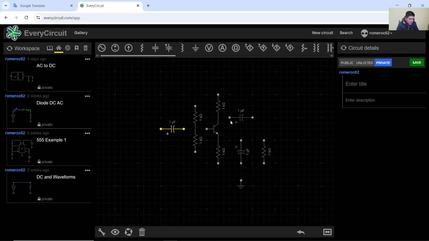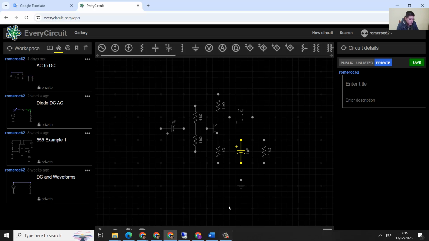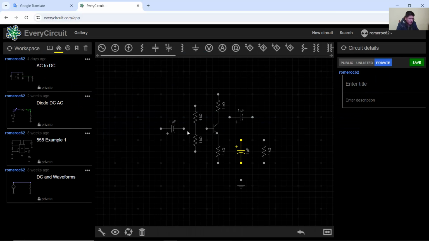Okay, and be careful with the polarization of the capacitors. Look at the plus sign here. The polarization, be careful. Join the nodes.